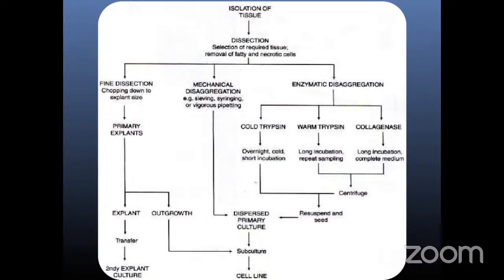That gives you the explant, which can be directly transferred, and you can go for the secondary explant culture. Or if more growth is there in the tissue, you can go for subculturing. This is just dissection. Then second is mechanical disaggregation.